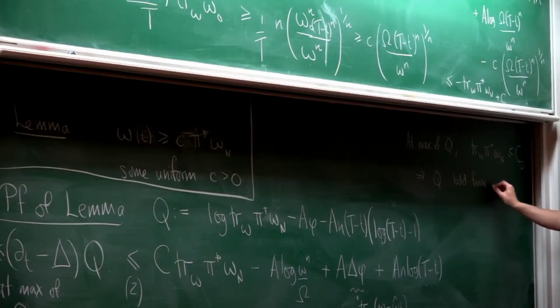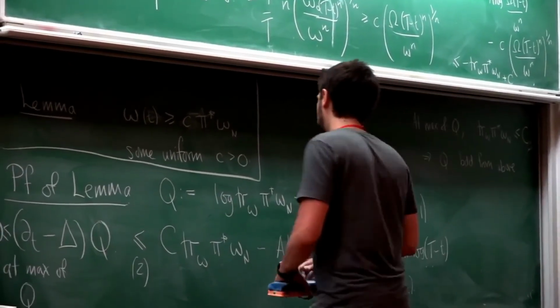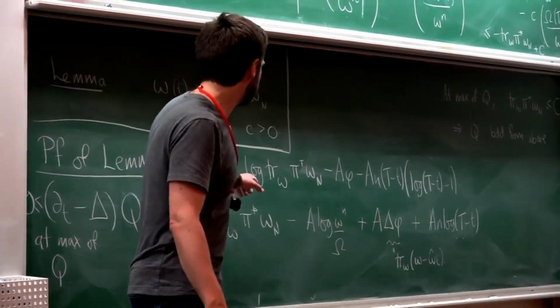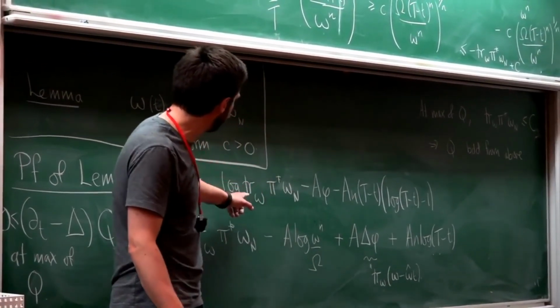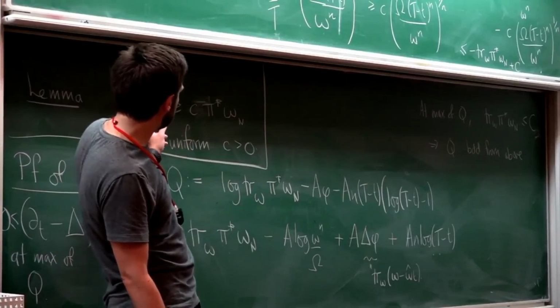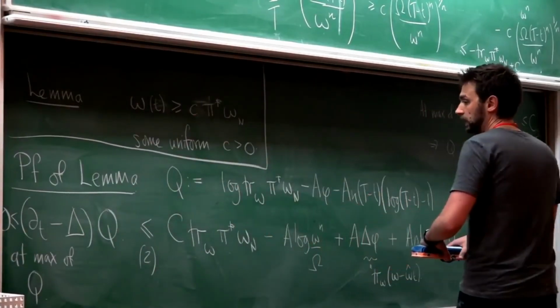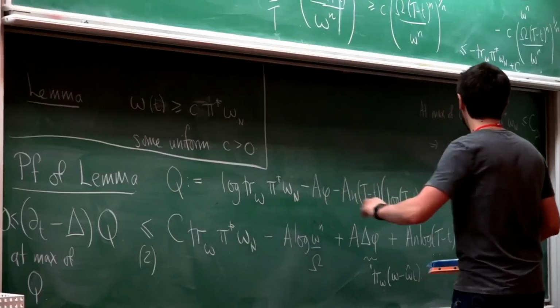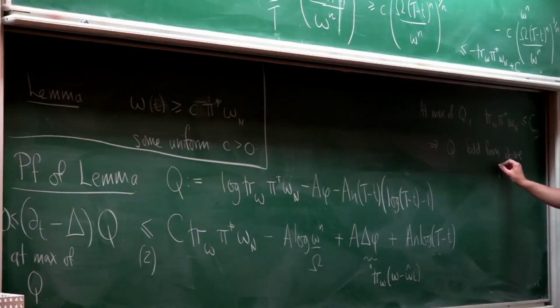So if it's bounded above at its maximum, it's bounded above everywhere, and therefore the Q is bounded, and that's exactly what we want to show. This is bounded above, which tells me that omega t must be bounded below by this. Okay. So then we're done. So we proved the lemma.